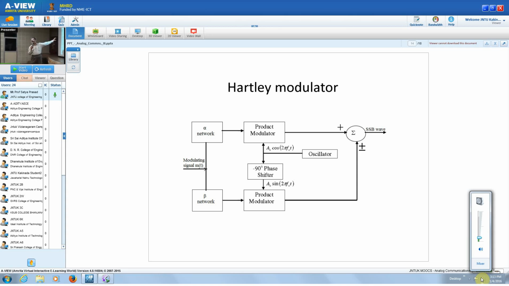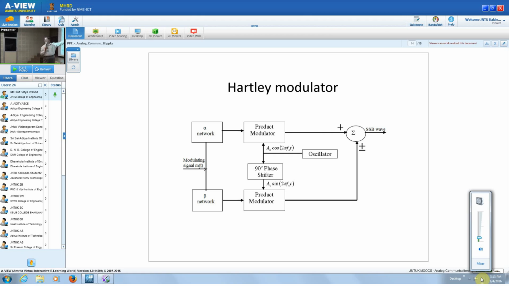One gives you a phase difference of the frequency components by alpha, another one by a phase value of beta, so that the phase difference between these two, beta minus alpha, is equal to pi by 2, right? The phase difference between these two networks, beta minus alpha, is going to be pi by 2.